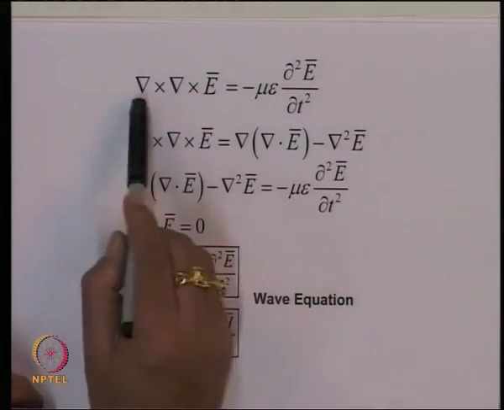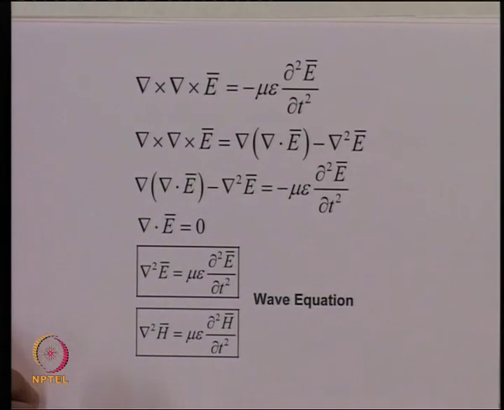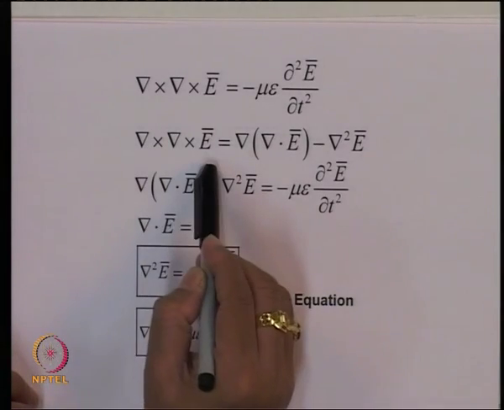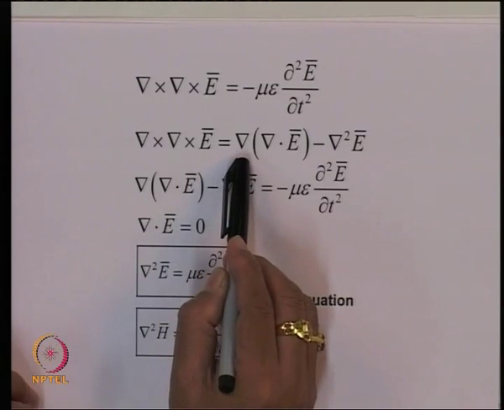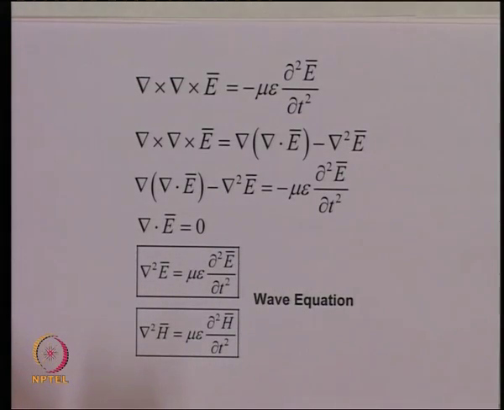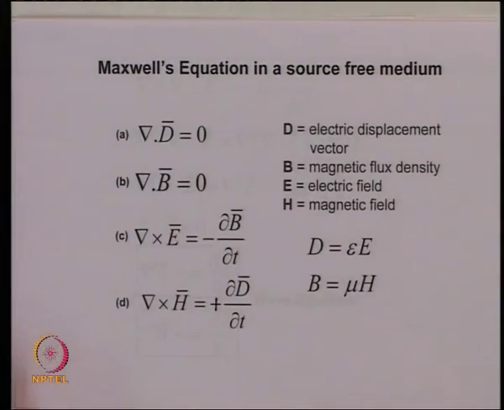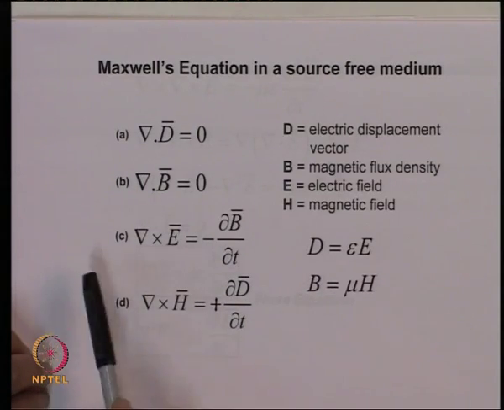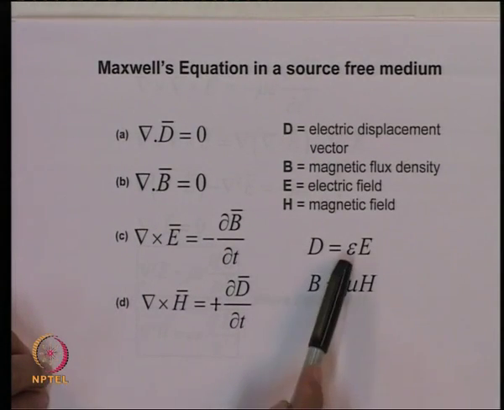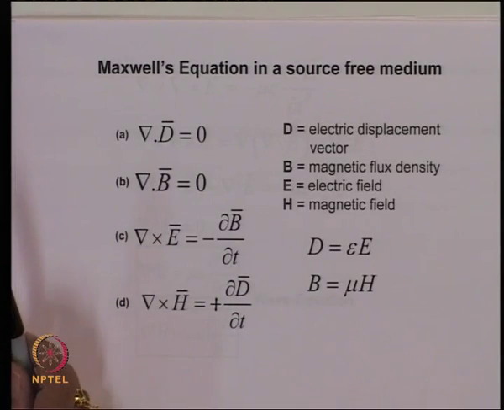Now, we can expand this quantity del cross del cross E by using the vector identity, which says that del cross del cross E is equal to del of del dot E minus del square E. Then using Gauss law, which says del dot D is equal to 0, and since D is epsilon times E and epsilon is not a function of space, we can take epsilon out, and you get from this equation del dot E equal to 0.